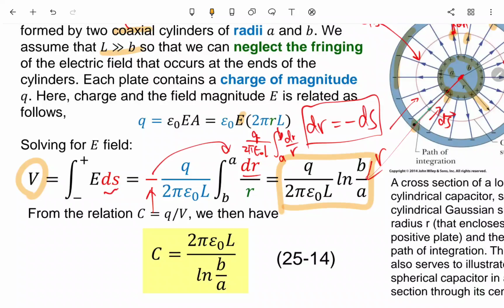But what we would like to find is the capacitance. The capacitance is actually Q over V. Okay, so the V is here, the Q is here. So we can actually put V on the right side.